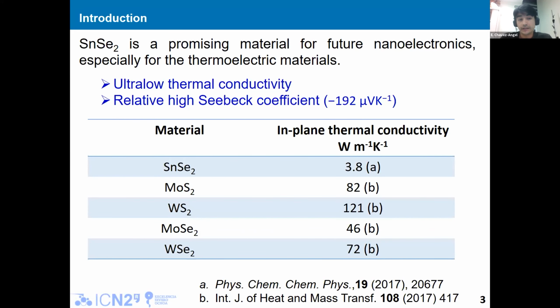Well, why thin diselenide? As you can see over here, between the 2D materials, the thin diselenide is one with the lowest thermal conductivity, which is around 3.8. This is for bulk values. This quite low thermal conductivity, together with the relatively high Seebeck coefficient, makes it a quite interesting material for use as a thermoelectric system.